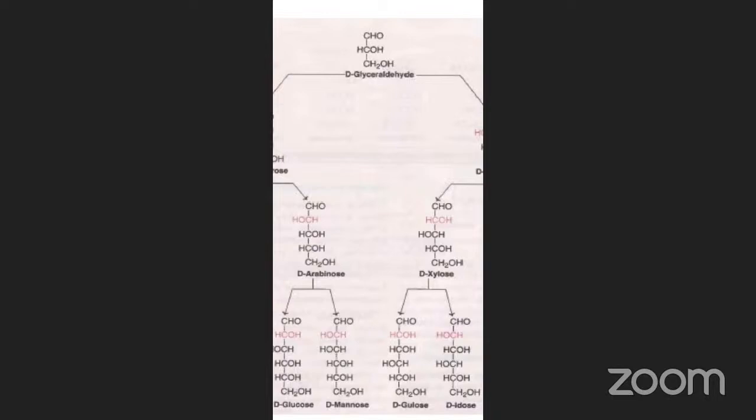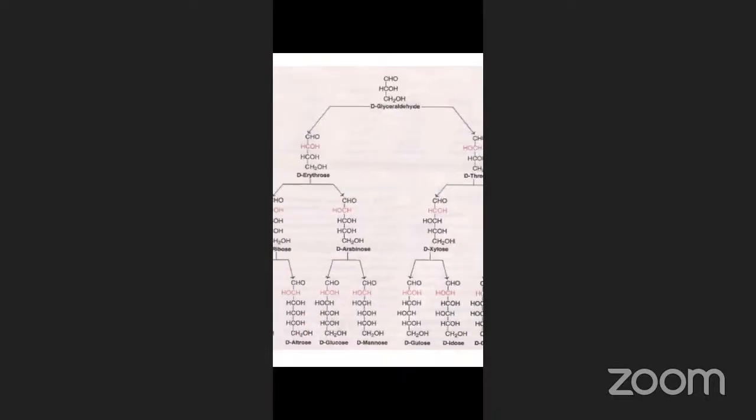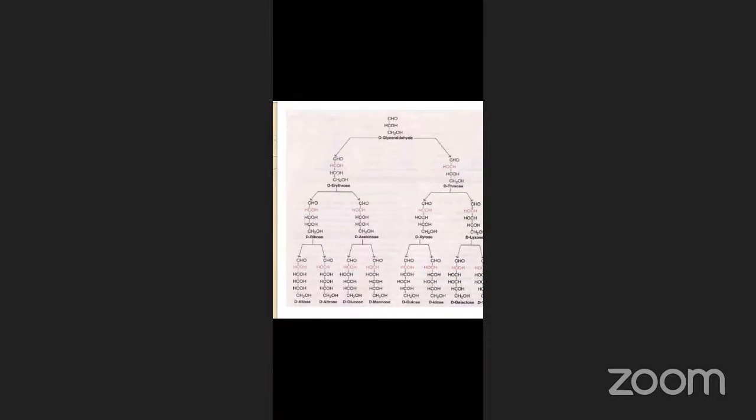If you have any doubts, you can stop me and ask. Always the first carbon will have the functional group, that is the aldehyde group. CHO is fixed. So the first carbon is always CHO, the aldehyde functional group, and the last carbon is CH2OH. This is also fixed. In any of these carbohydrates below also, the first carbon is CHO and the last carbon is CH2OH.